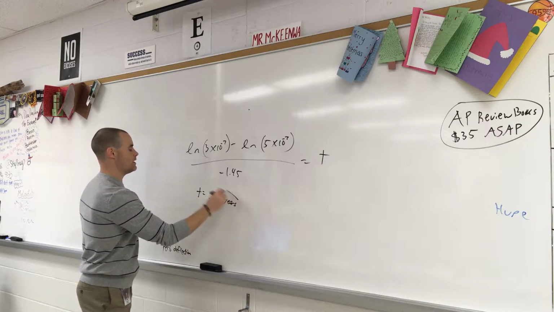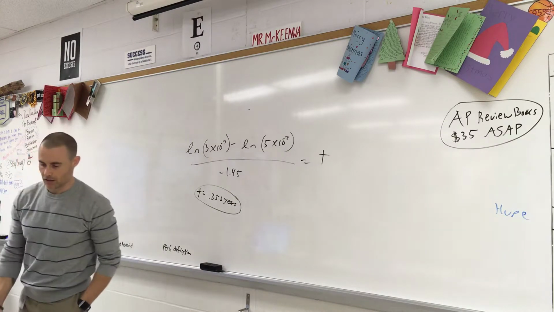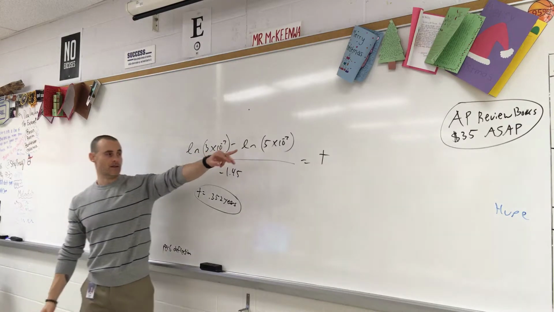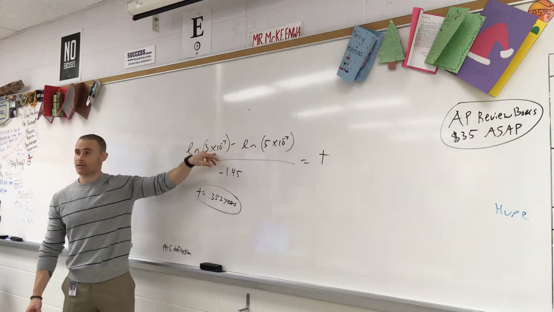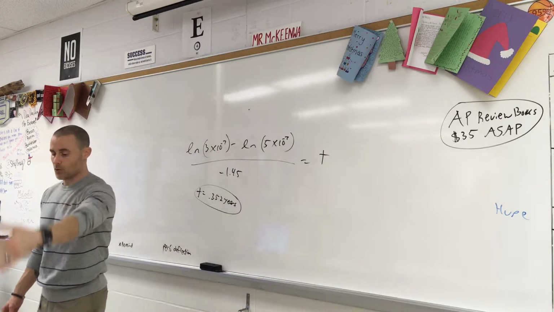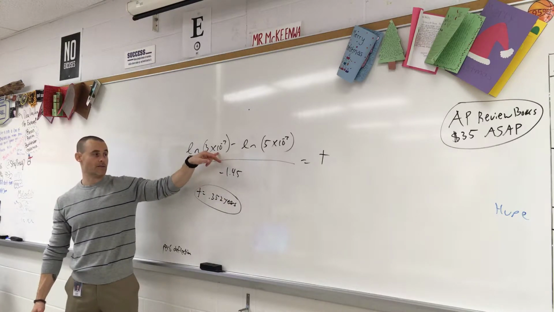If you didn't get B right, the only thing I can speculate is you were confused how to set it up. The initial is still the same. They want to know how long it takes. It took 2 years to go down to 2.75 times 10 to the negative 8. How long would it take to get down to this?